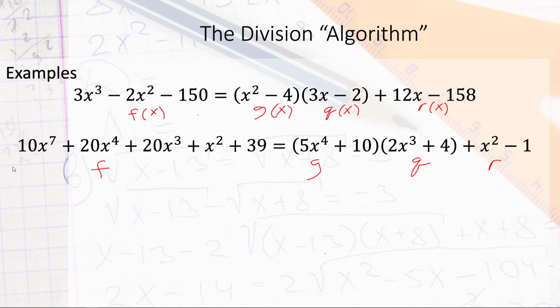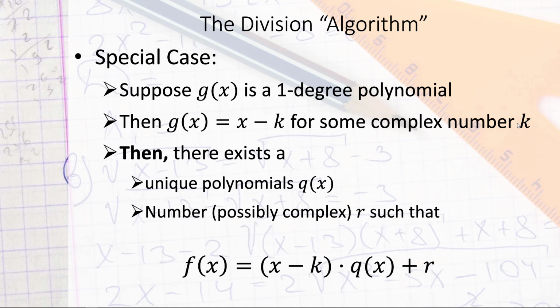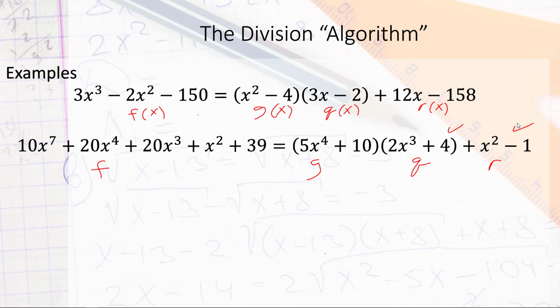And this tells us that considering f and g, there's a unique q, and that unique q will be 2x plus 4. And then there's a unique r, such that g times q plus r will equal f. And then once again, q and r are unique.